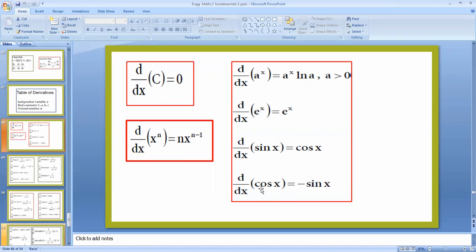Yes, anyone? It's simple. By Euler's formula we can expand it in terms of exponential. Okay, so what is that? cos x equals e raised to ix plus e raised to minus ix upon 2.